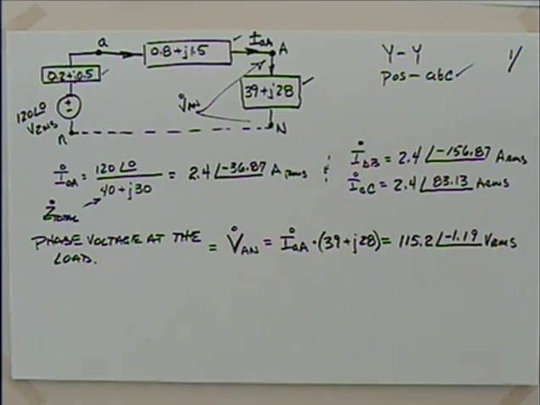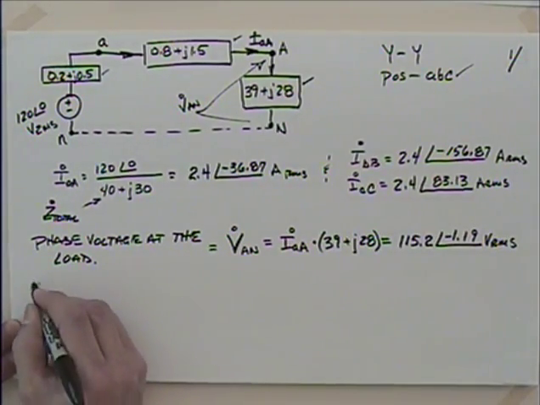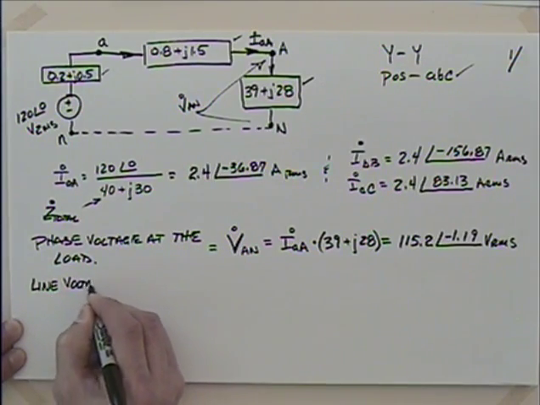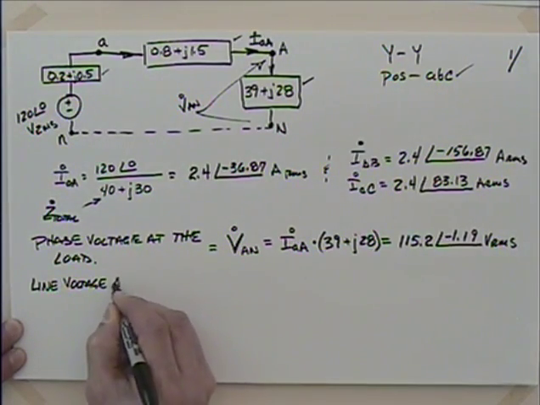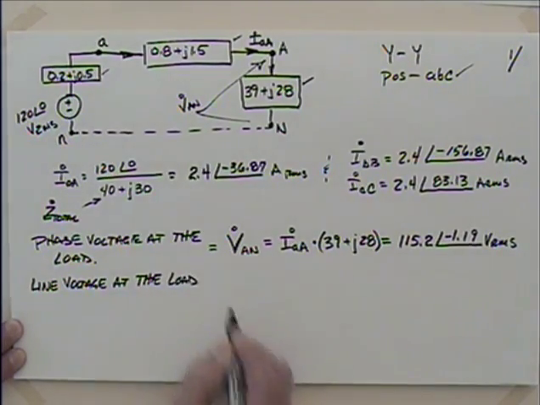And then if you wanted BN or CN, subtract 120 or add 120, right? Same magnitude, different angle. Well, what if we ask for the line voltage at the load? Okay?